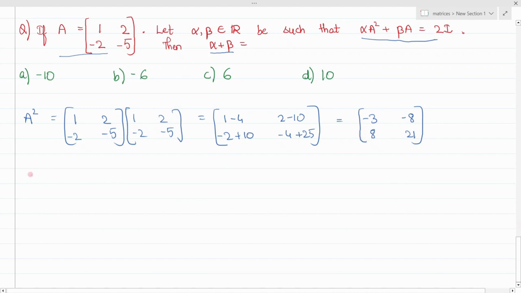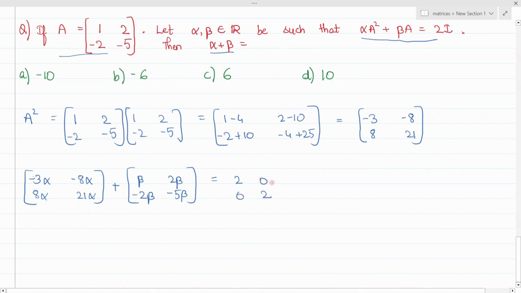So let's use the condition given. It is alpha A square. So it becomes minus 3 alpha, minus 8 alpha, 8 alpha, 21 alpha, plus beta into A. That is beta, 2 beta, minus 2 beta, minus 5 beta, is equal to 2 into I, that is [2, 0; 0, 2].